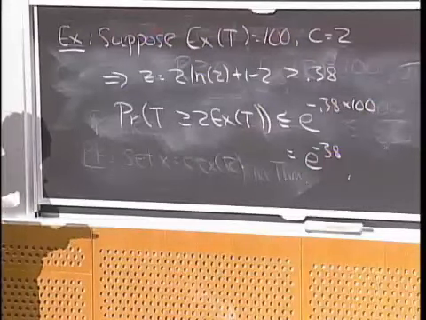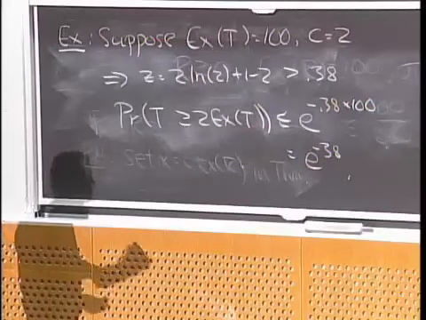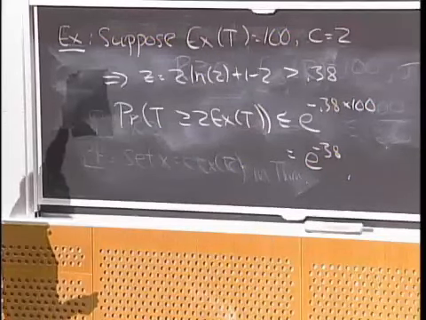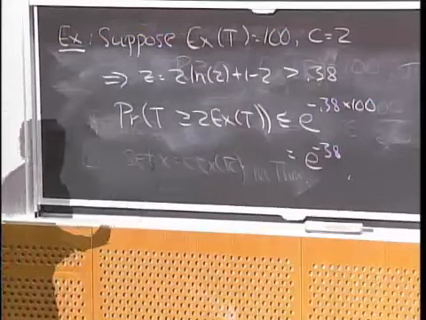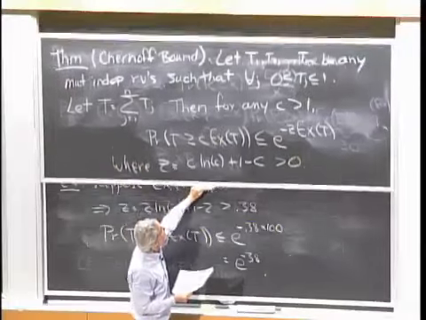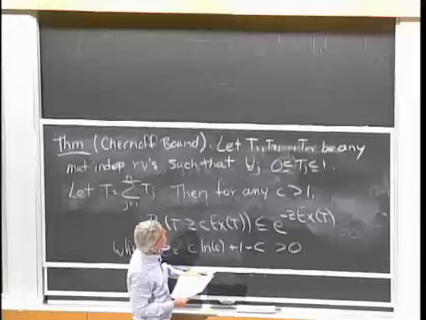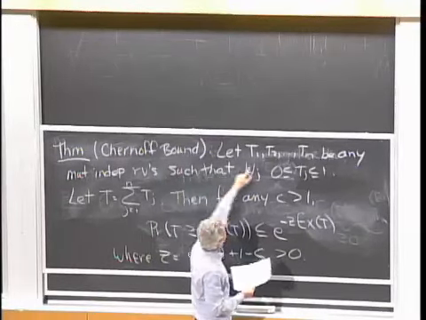Now, of course, Chernoff doesn't apply to all distributions. It has to be this type. This is a pretty broad class. In fact, it contains the class of all Bernoulli distributions. Sorry, binomial distributions. Because remember, a binomial distribution, well, remember binomial distributions? That's where T is the sum of Tj's.